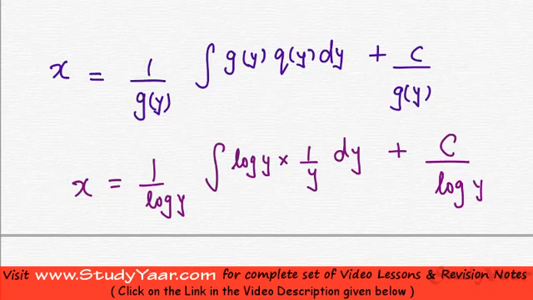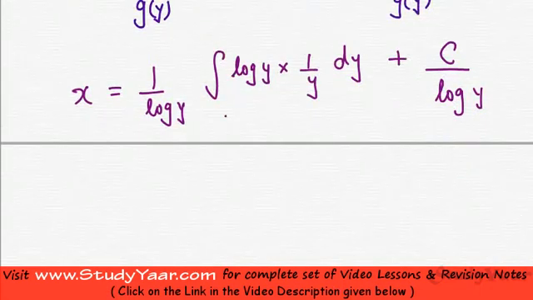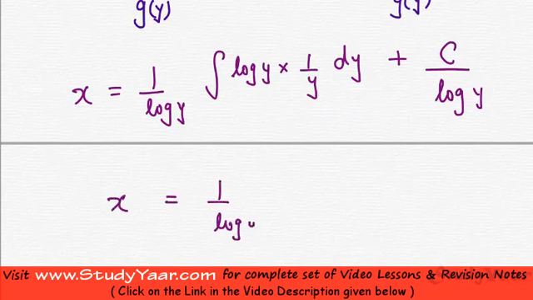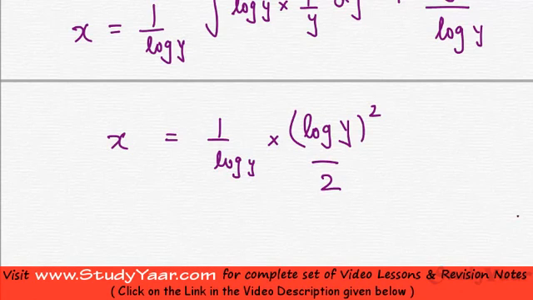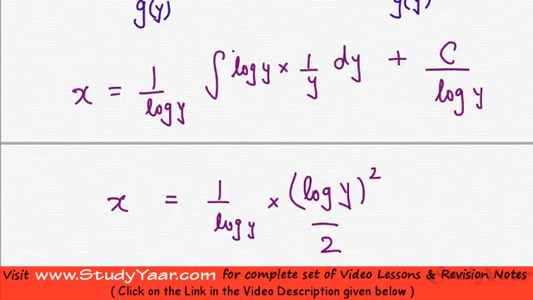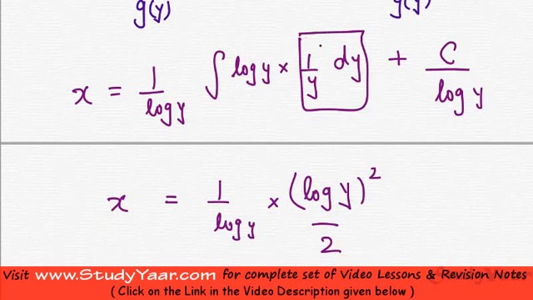Now if you integrate this, what you are going to get is x is equal to 1 upon log y into (log y) whole square by 2. If you put log y as t, you get 1 by y dy as dt.